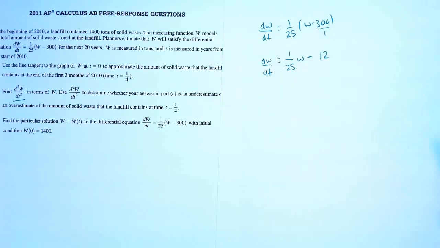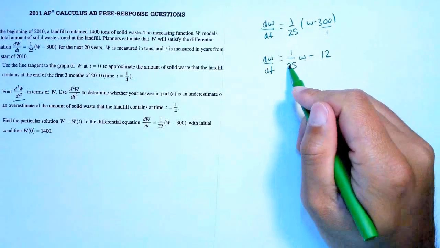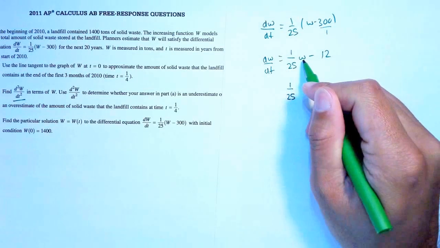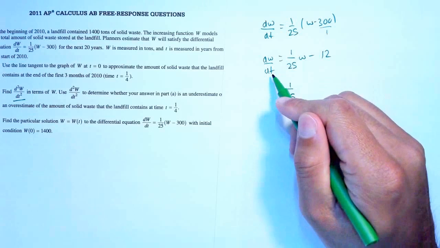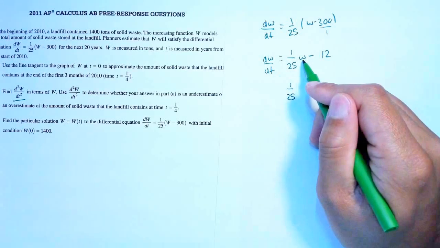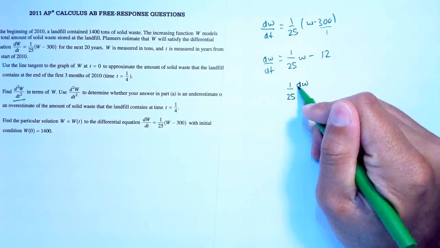Now, my next part of this question is to find this derivative. Well, the derivative of this is 1 over 25. But this is not with respect to t. Remember, this has to be with respect to t because it's dt on the bottom. So anything that doesn't have a t, I have to add dw over dt.